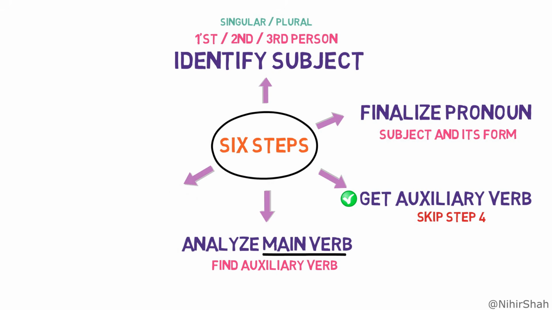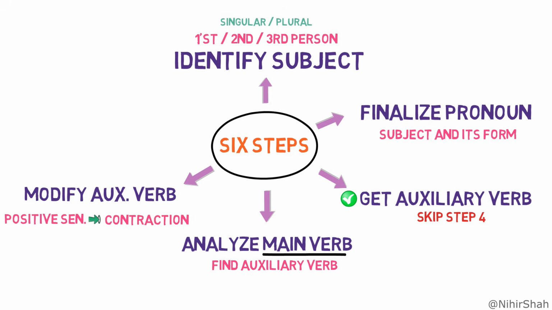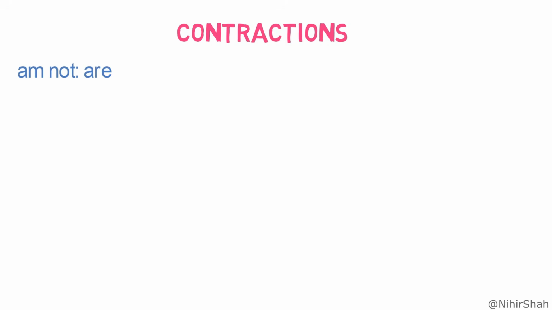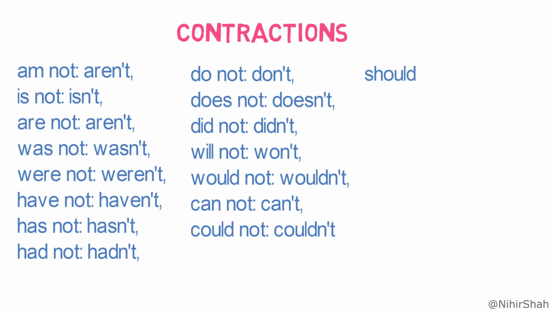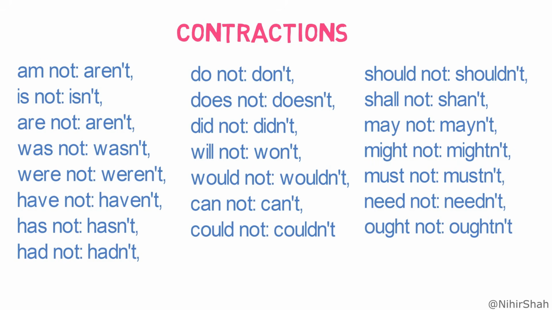Now comes step 5. Modify. Modify the auxiliary verb if the sentence is in positive form. If the sentence is positive, add contracted form of the auxiliary verb. You can use the below data to get the contracted form of the auxiliary verb. Some of these examples could be am not is aren't, is not is isn't, are not is aren't, was not is wasn't, and so on.